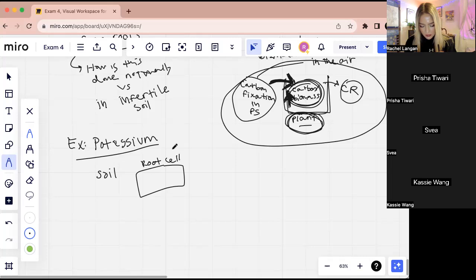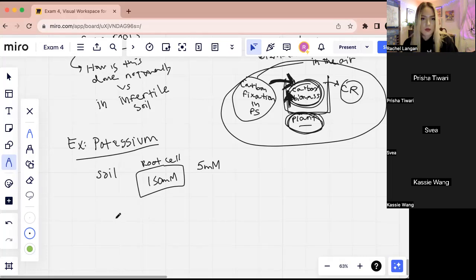Let's say the concentration is 5 millimolar out and 150 millimolar in.